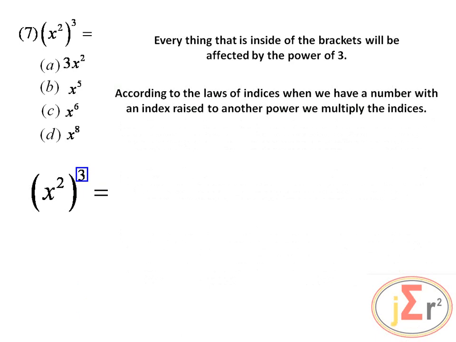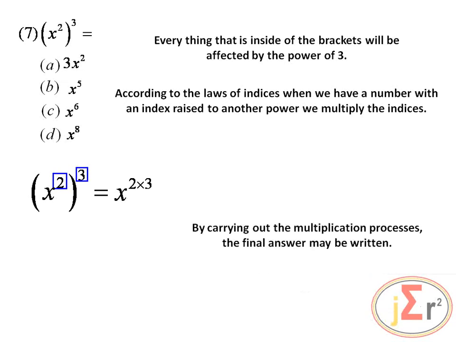According to the laws of indices, when we have a number with an index raised to another power, we multiply the indices. We have a number, or in this particular case a letter, with an index raised to another power, so we multiply the indices. So we have x to the power of 2 multiplied by 3.